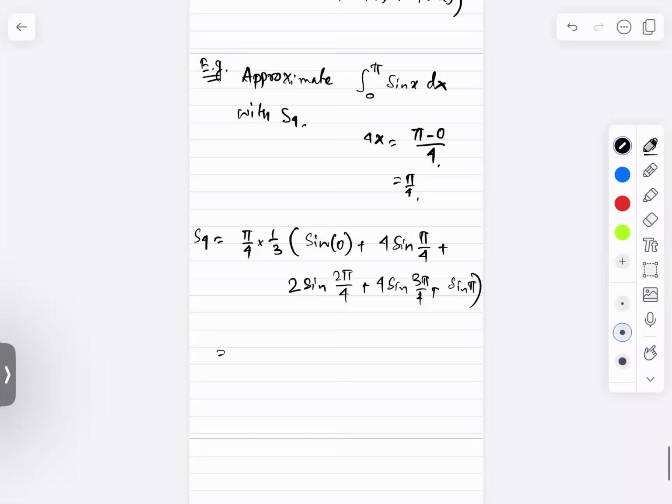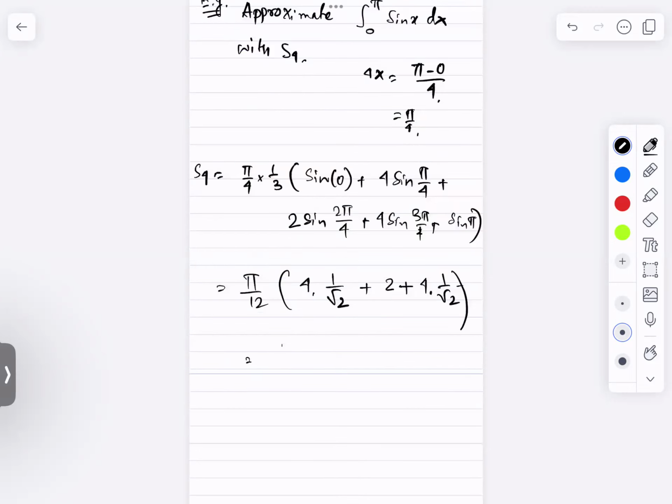Which is pi over 12 times, and then we just calculate 4 times 1 over root 2, plus 2 times 1, so 2, plus 4 times 1 over root 2, plus 0. So it'll be pi over 12 times 8 root 2 plus 2. And if you put that in a calculator, you should get 0.00354 and so on.